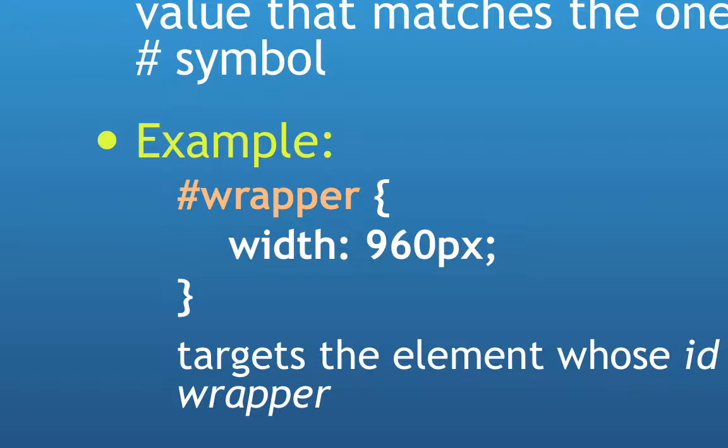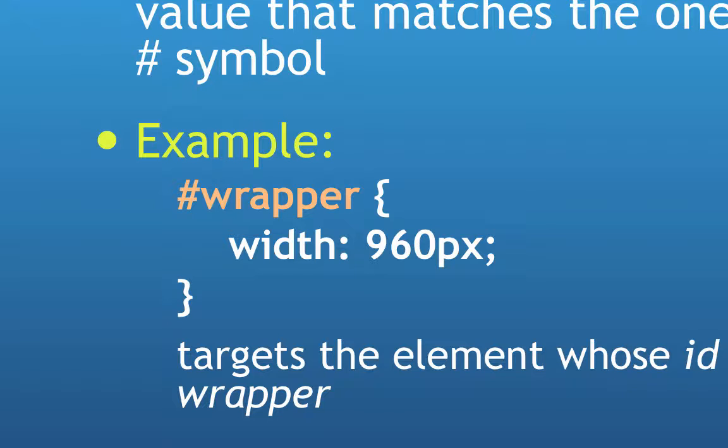We'll go ahead and create an example here in a second. The wrapper is indicated as an ID selector because it has the hashtag or the pound symbol in front of it. So like the class style with the period, an ID selector uses the hashtag or pound sign in front of the name.